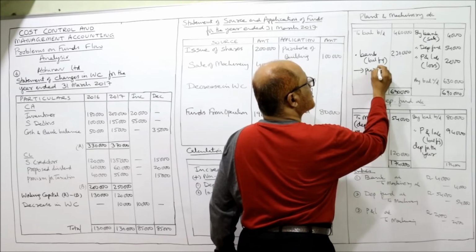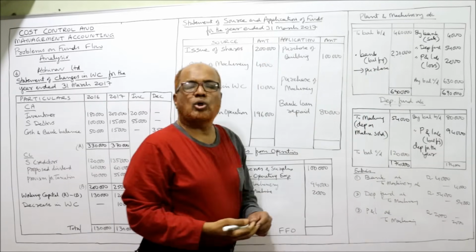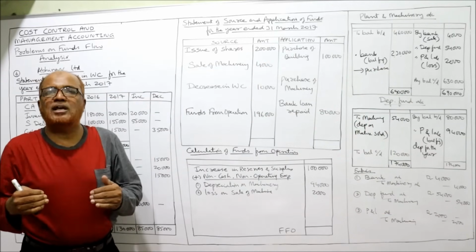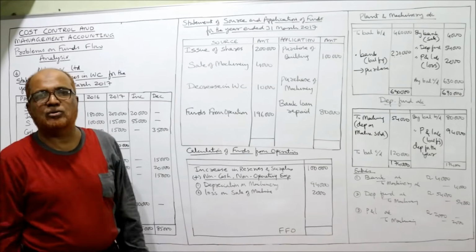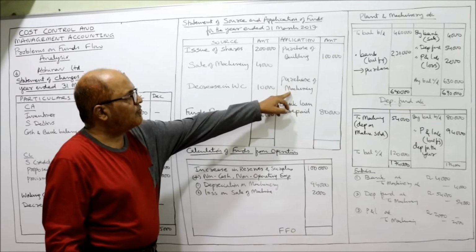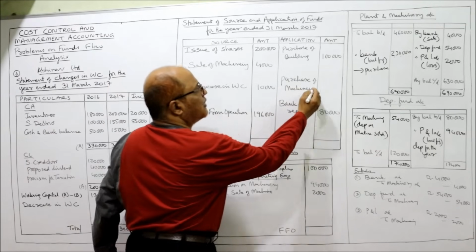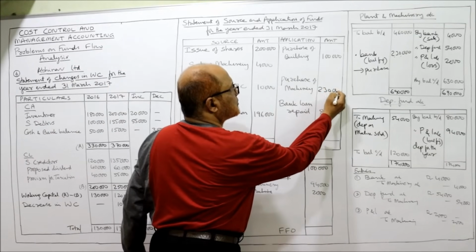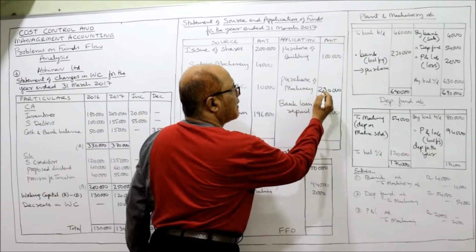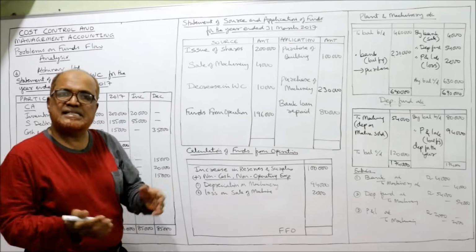Purchase. It is not given in the problem. So during the year some new machinery is purchased for 2,30,000. So here purchase of machinery application side. When machine is purchased, application side 2,30,000. I have taken 2,30,000.